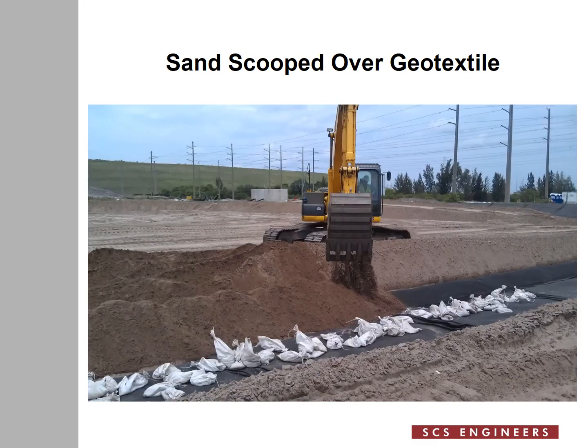The next step is to cover this gravel pack with the sand layer that goes above the lining system. At this stage, we specifically ask the contractor to work closely with us and not simply push sand over the gravel pack, because the act of pushing sand over the gravel may disturb the gravel.